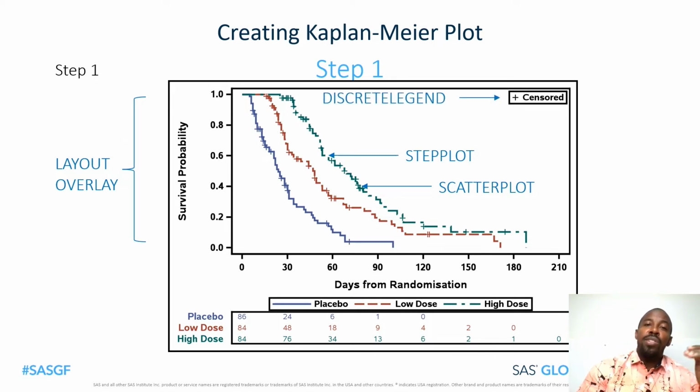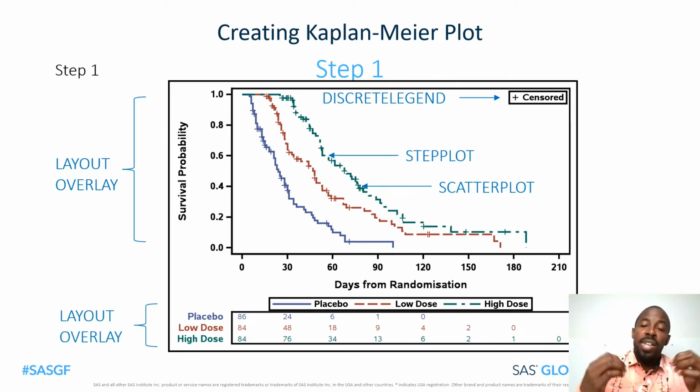You can use the discrete legend statement to produce the censored legend. Now, the second layout overlay is the container for displaying the subjects at risk table, and you can use the axis table statement to produce the subjects at risk table.